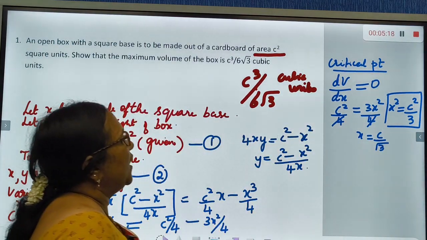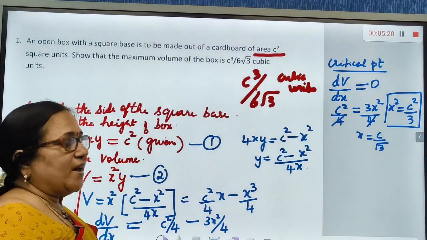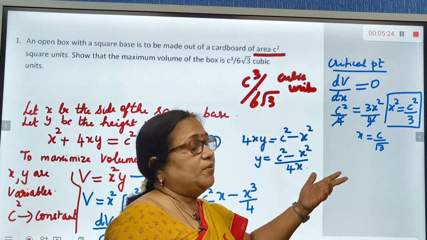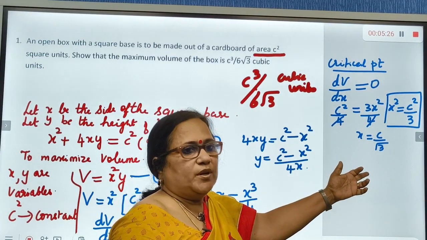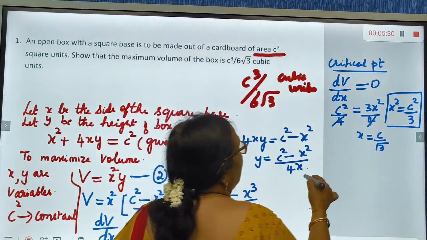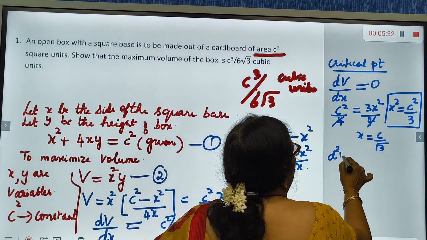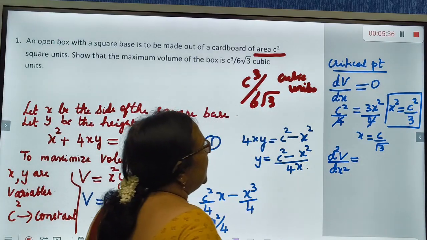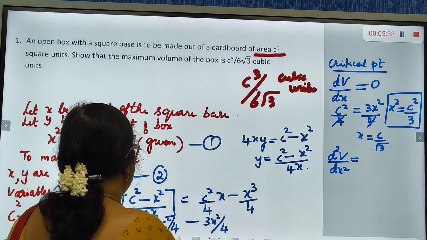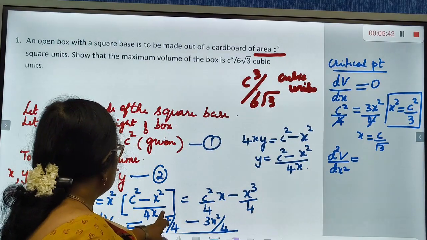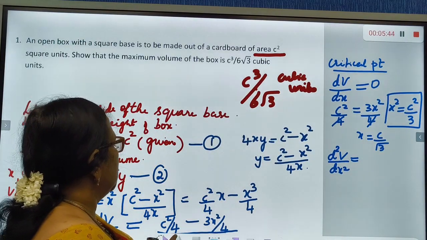So we are saying that the volume is going to be maximum at x equal to c by root 3, because c by root 3 is the critical point. How do we verify? Let us find d square V by dx square. I have to differentiate this. c square by 4, when I differentiate, I'll get 0.